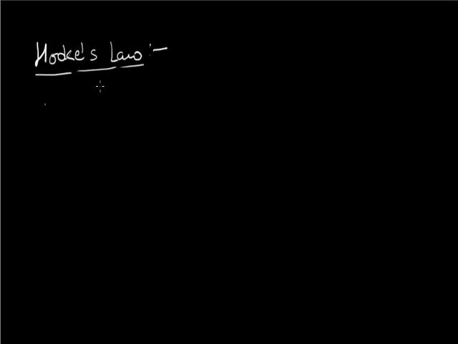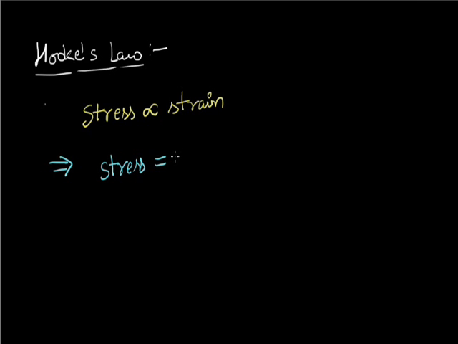So as per Hooke's law, stress is directly proportional to strain. If we remove the proportional sign, a constant K will come: stress equals K times strain.